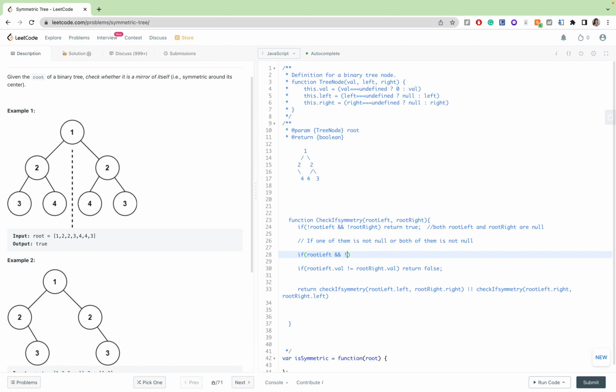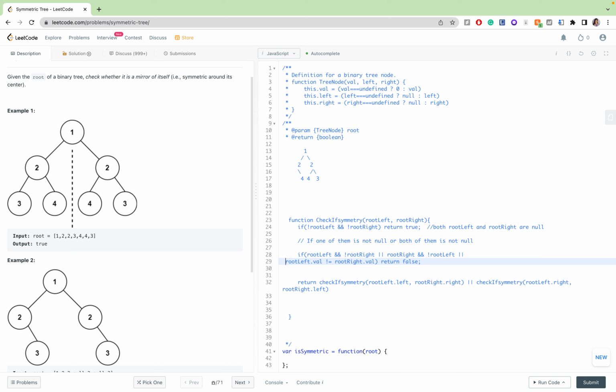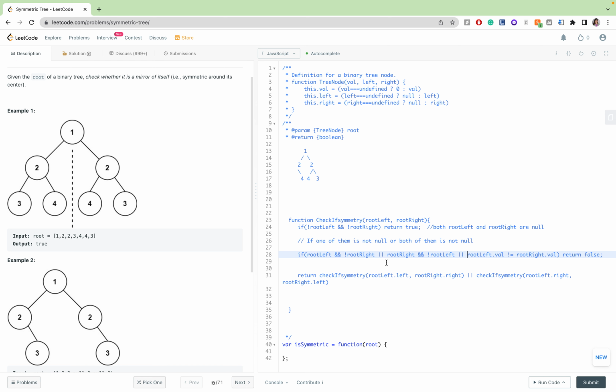So what I can do is if we have root left and not root right, then do something. Or if we have root right and not root left, then do something. So in these three cases we should return false, right?